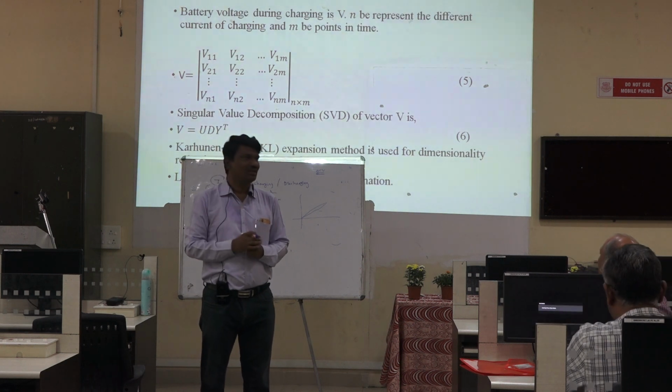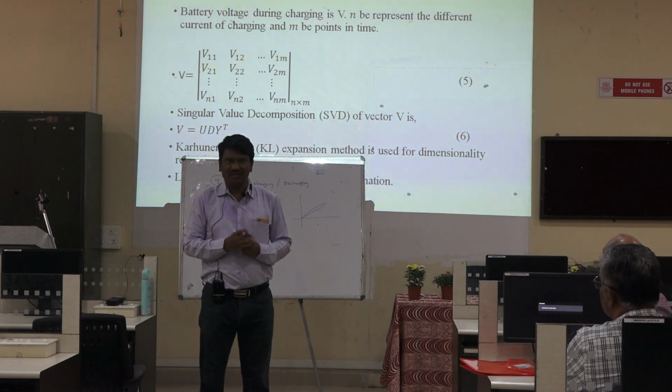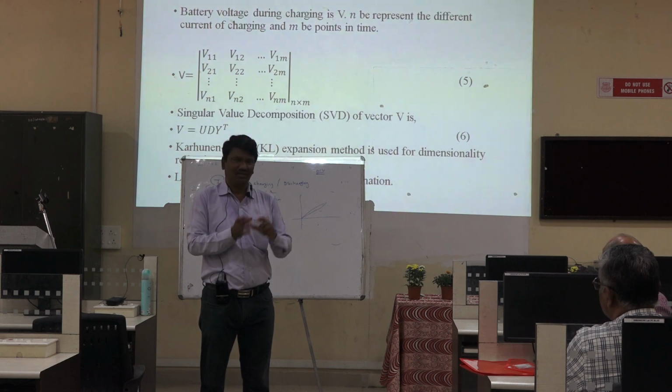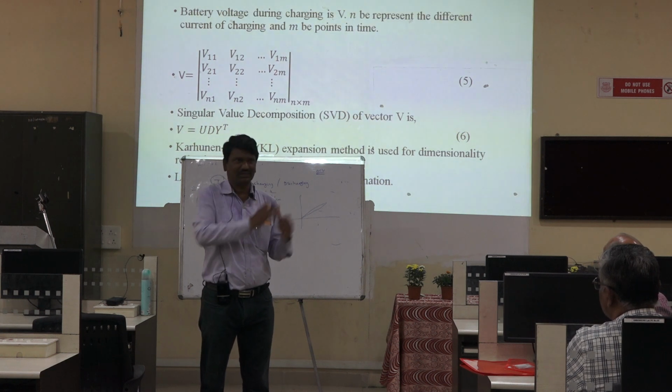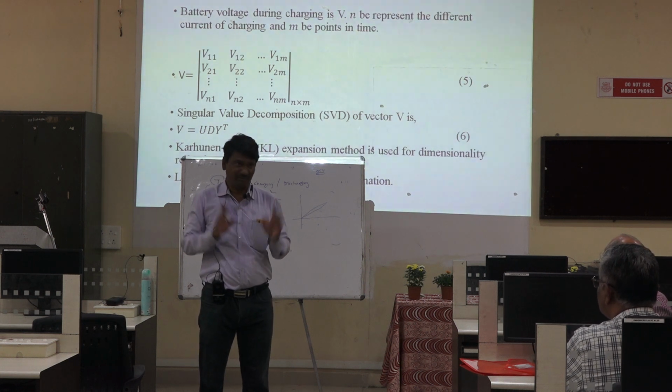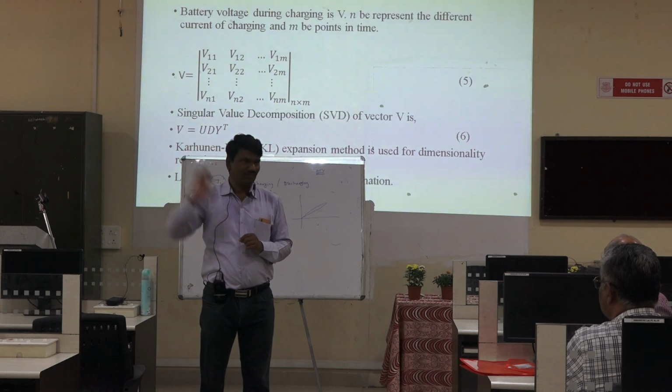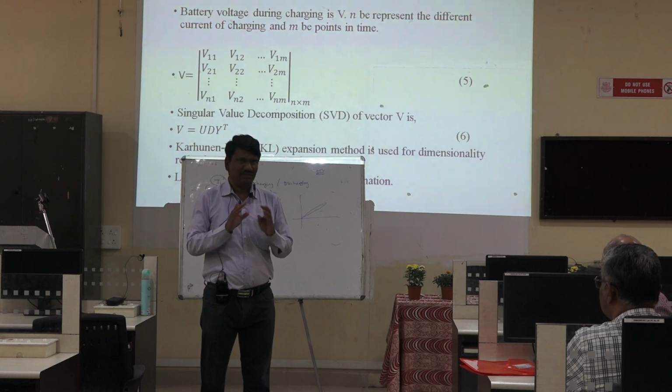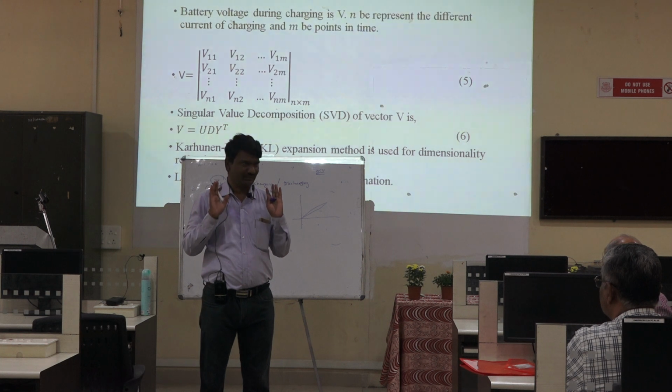Means we are using the ampere hour meter, and putting that value into that equation, we are finding the SOC. This we are doing practically. We are not doing it in online mode. So the conventional method is not for online mode.